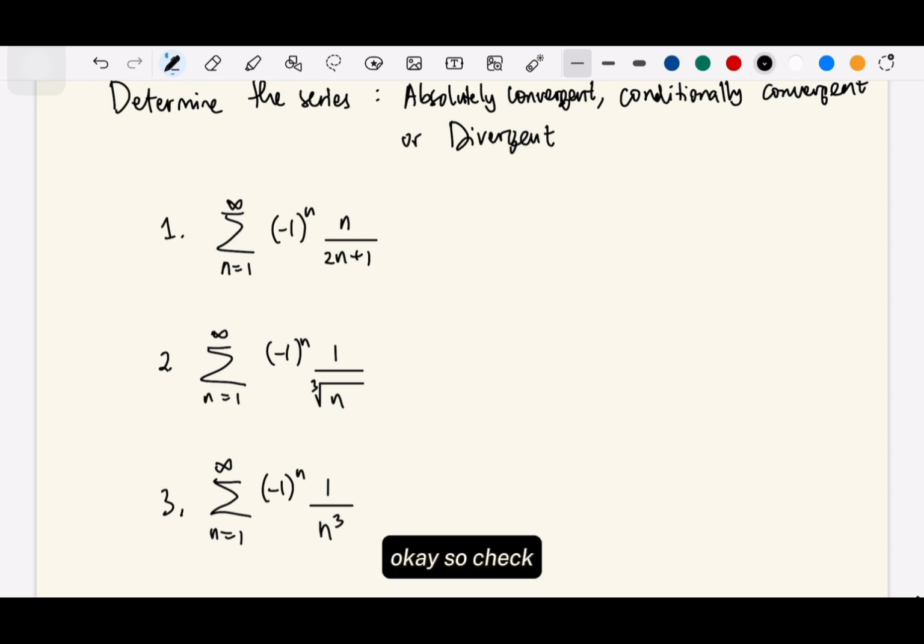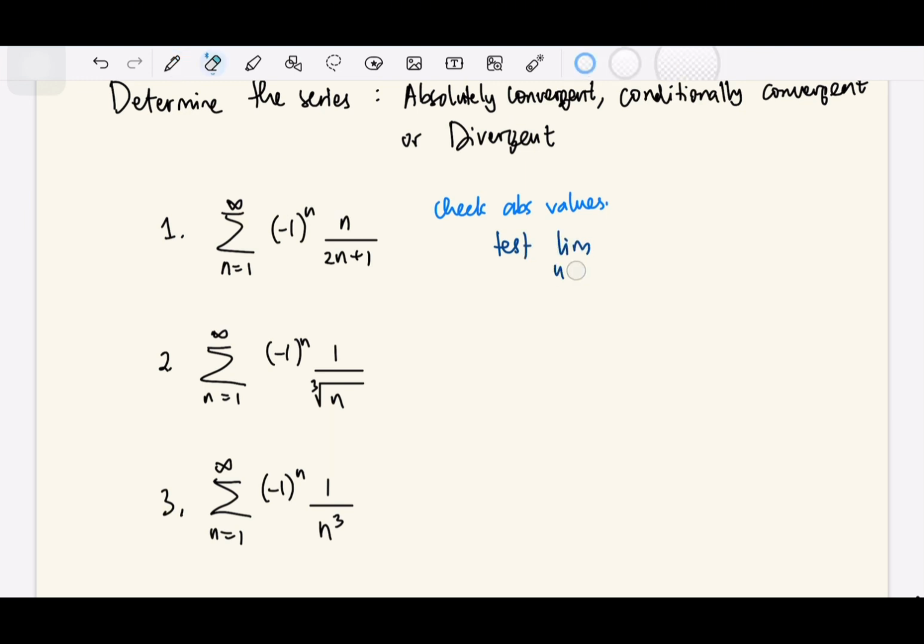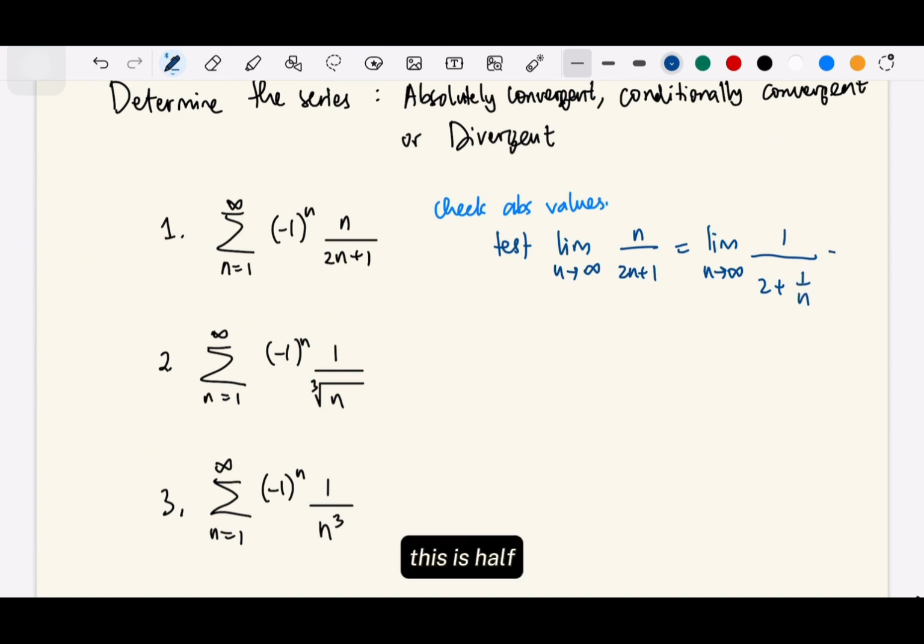Okay, so check absolute value. This is half.